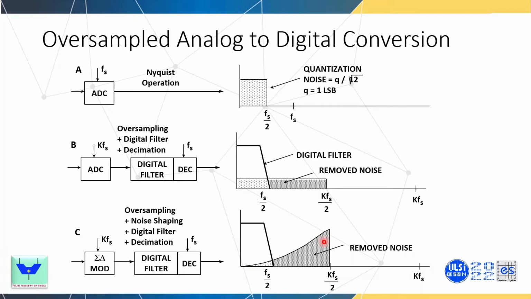So it has kind of high-passed it. That's why sigma delta modulators are very popular in making high performance ADCs. Again, you have a low pass filter to get rid of the out-of-band noise, followed by a decimation to reduce the rate of the output.